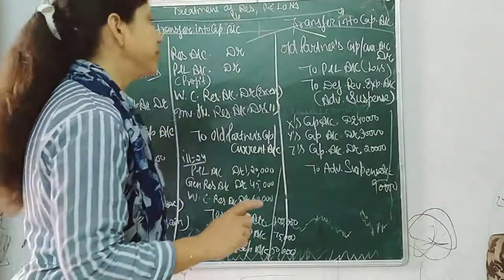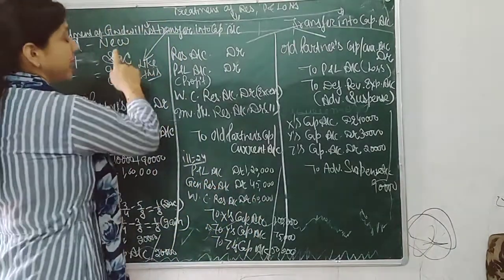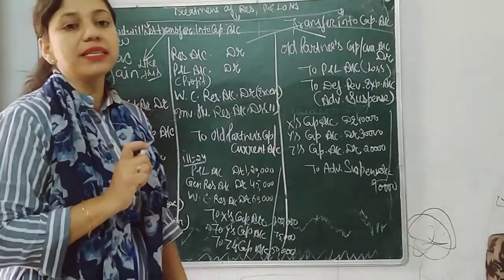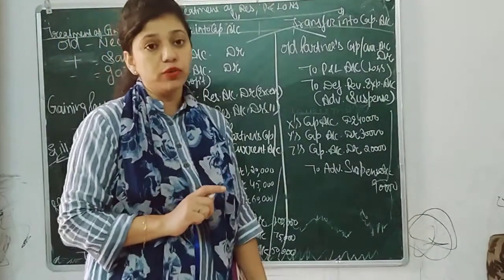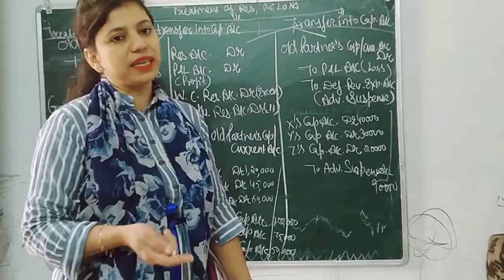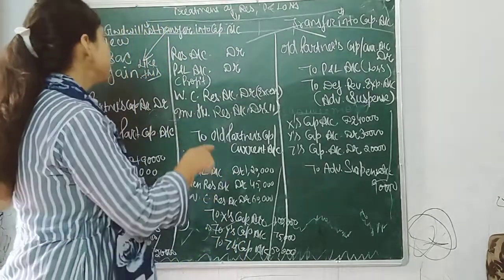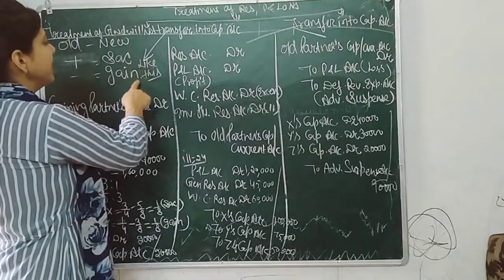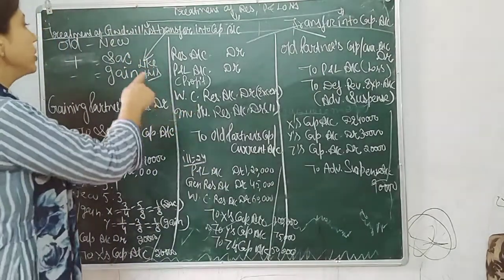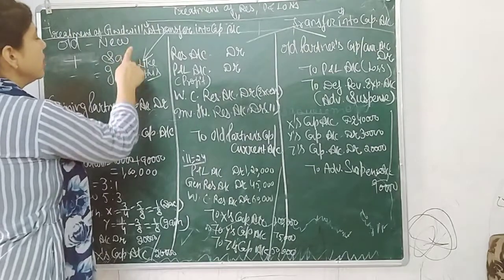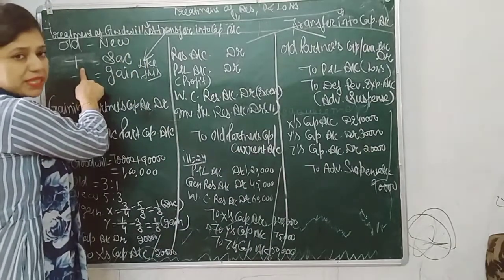It's quite simple. As I told you in the start, whenever there is a change in profit sharing ratio, any partner will sacrifice and the other one will gain. So we have to calculate sacrifice and gain. As I told you, calculate old minus new. If it is positive, then it will be sacrifice.